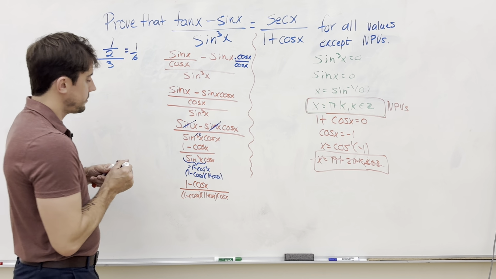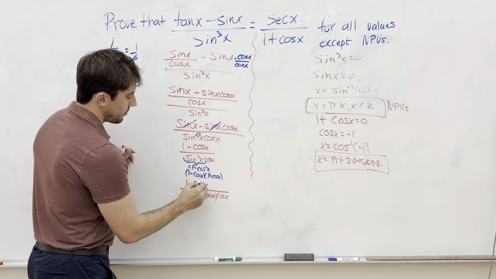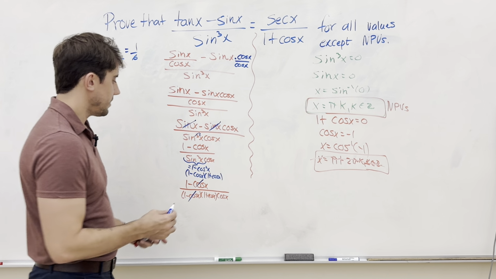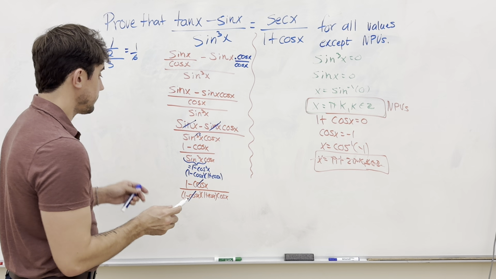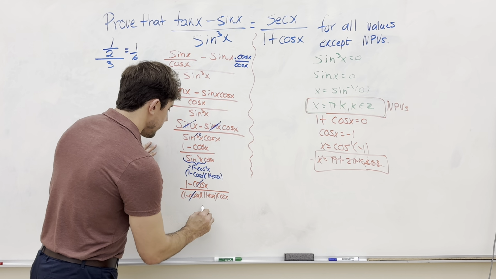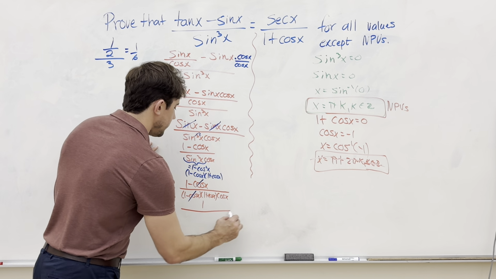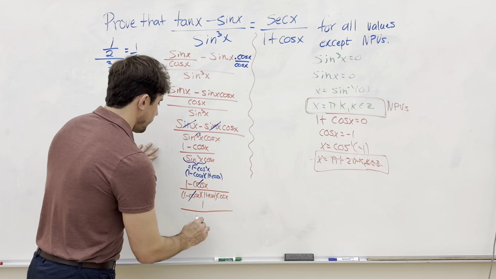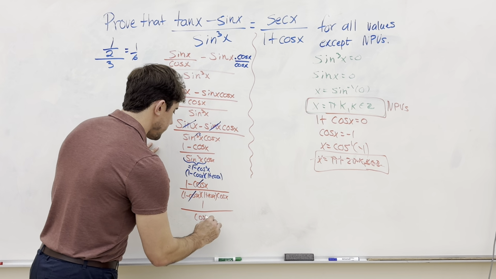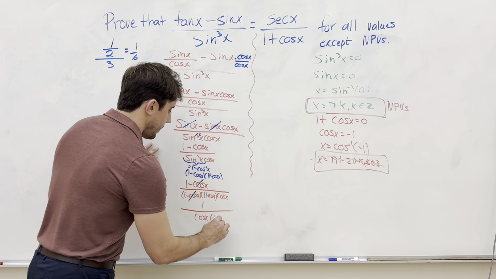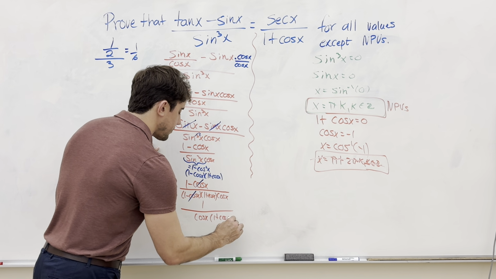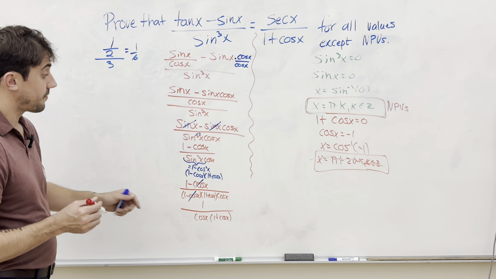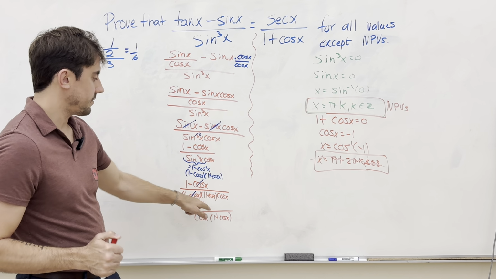And now you can probably see a 1 minus cos x factor completely canceling out. And so that brings us down to 1 in the numerator, and in the denominator, we'll have cos x times 1 plus cos x in brackets from the factor in the previous step.